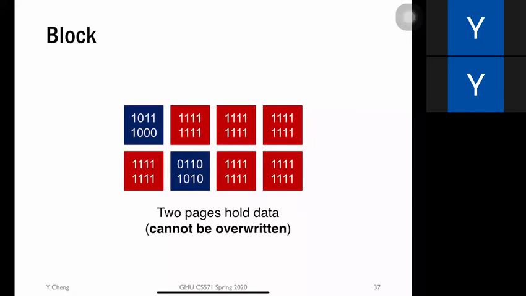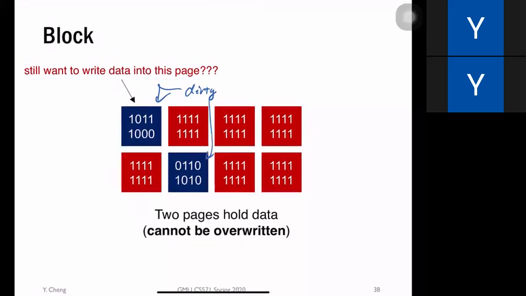If you want to still write something new into these two blue-colored, already dirty flash pages, you need to do a whole flash block erase operation. You want to write new data to this page which has already been written, which is already dirty.